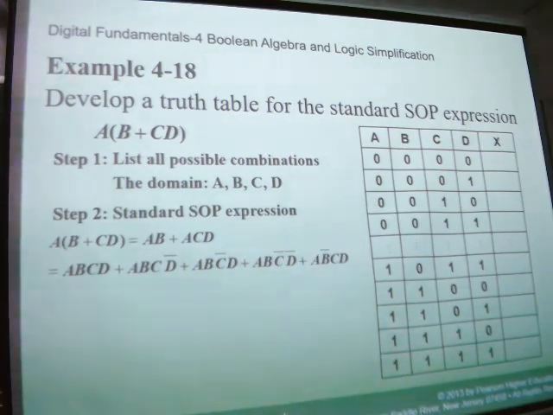Then it also equals ABC, D plus D bar, right? Plus A, B, C bar, D plus D bar.